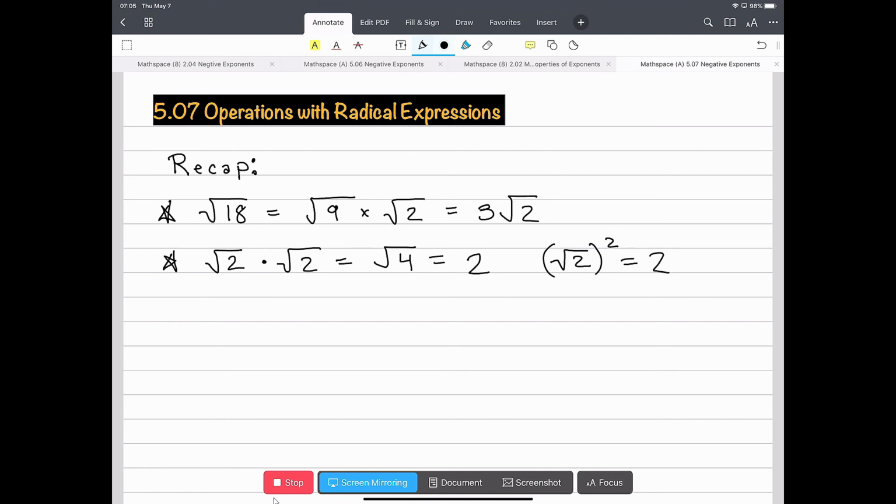Algebraically, that would look something like this. The square root of a multiplied by the square root of a equals a, or the square root of a to the second power equals a. So those are two facts that we've learned, and those will come in handy when we're doing the operations with radical expressions.